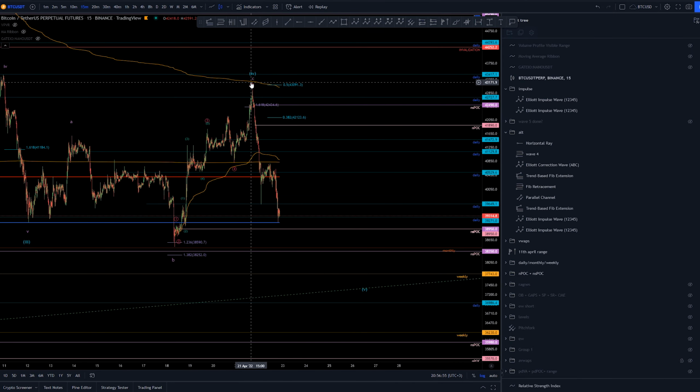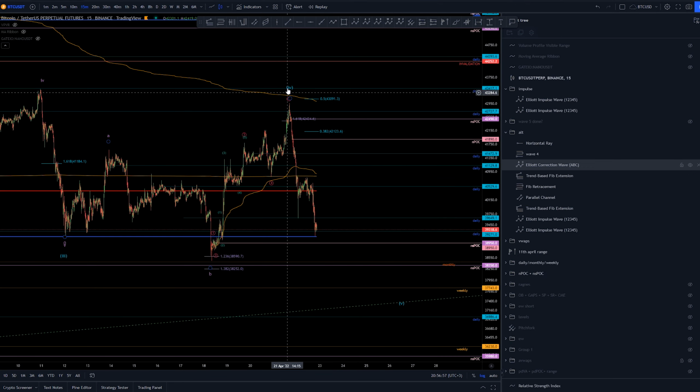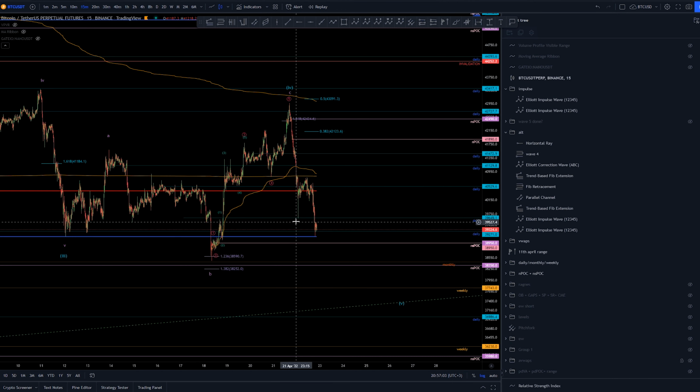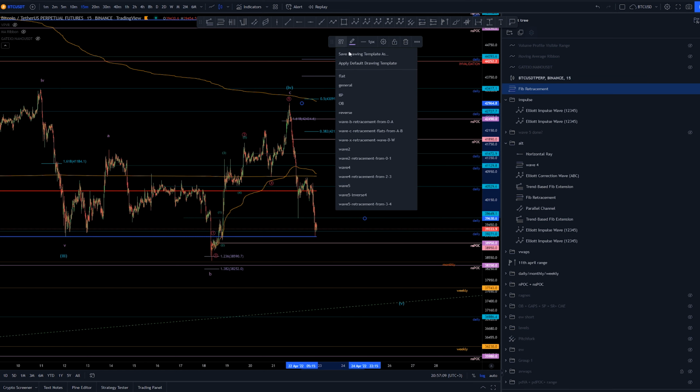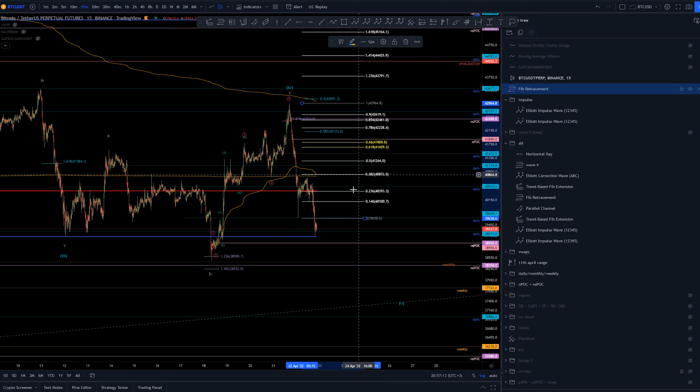So currently we have this marked as the 4th up here, and it looks like we're getting some kind of impulsive structure downwards and then a small bump up. Now this is only getting, I'm not even sure if this is getting to 0.382. No, it's not, which is really unusual for wave 2s to get such a shallow retracement.